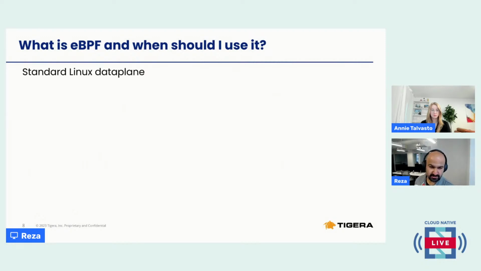Calico eBPF data plane is another data plane, as I mentioned, that utilizes the power of eBPF programs to directly interact with the Linux kernel, implementing network for your cluster. Now, standard Linux data plane has a high throughput, and it was designed for 10 gigabit links.